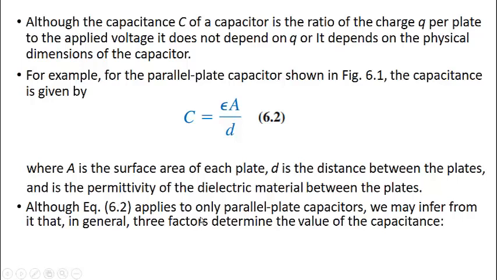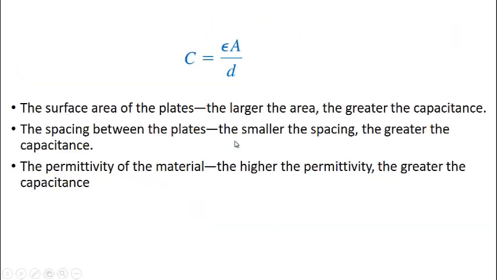Although 6.2 applies to a parallel plate capacitor, we can conclude that in general three factors determine the value of a capacitor: the permittivity of the material between the plates, the area of the plates where the charge may be stored, and the distance between the plates.